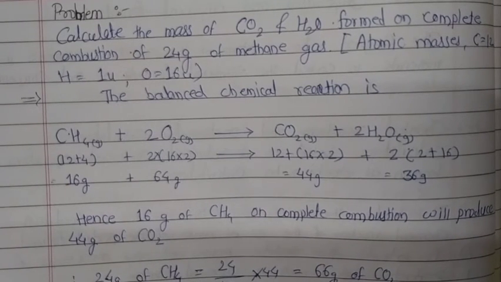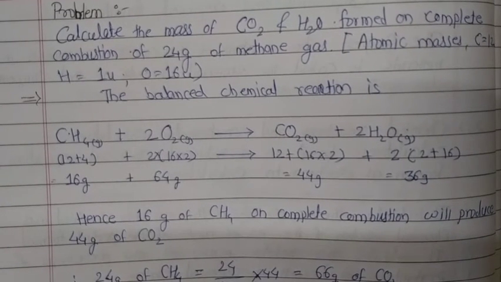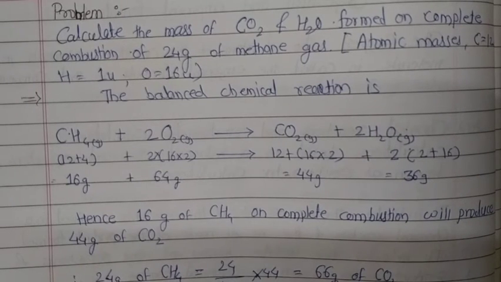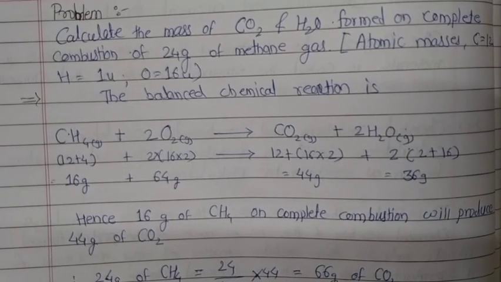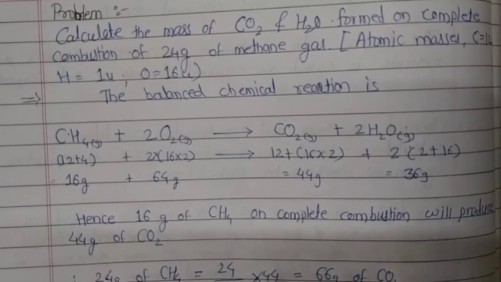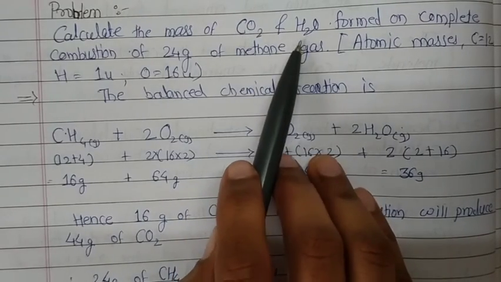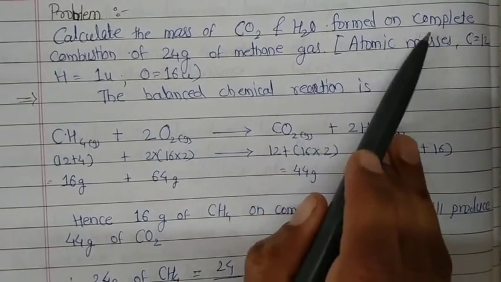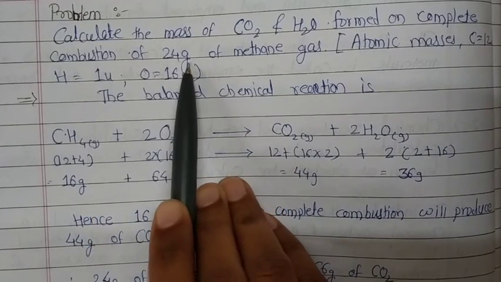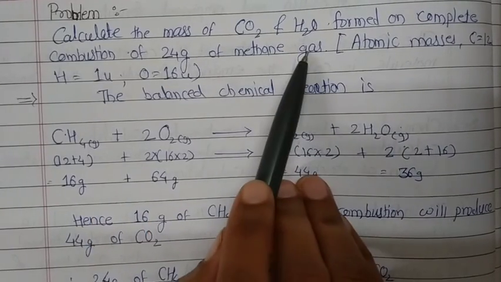Now we can solve one example based on stoichiometric problems and calculations. The problem is: calculate the mass of carbon dioxide and water formed on the complete combustion of 24 gram of methane gas.